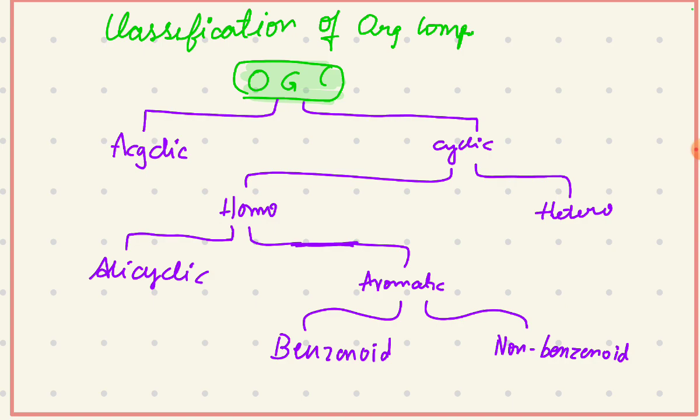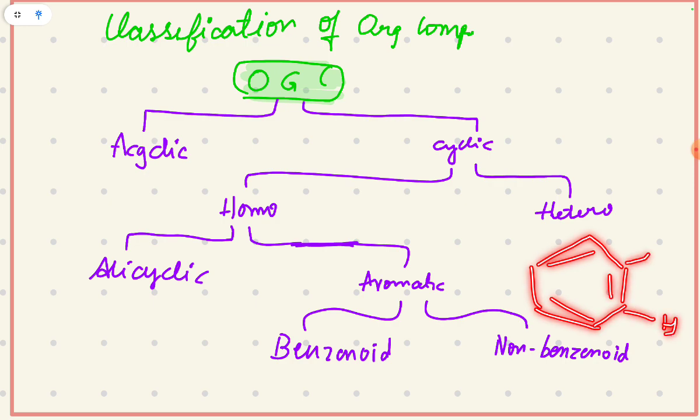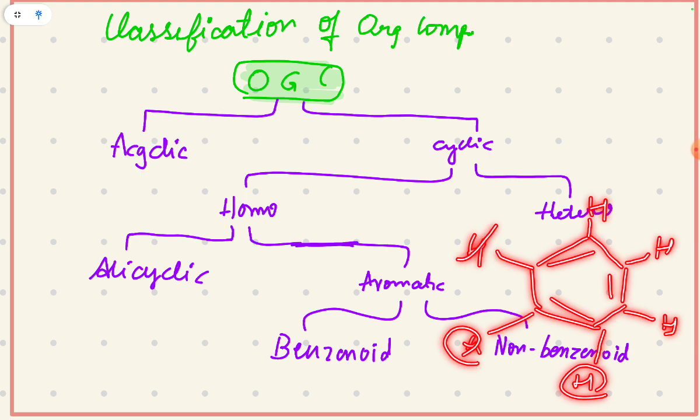Next, we will further classify the homocyclic compounds into two different types: alicyclic and aromatic. I think many people have studied a compound called benzene, that is C6H6. Its structure will be somewhat like this: alternate double bonds with H, right? This is your C-H bond present here.